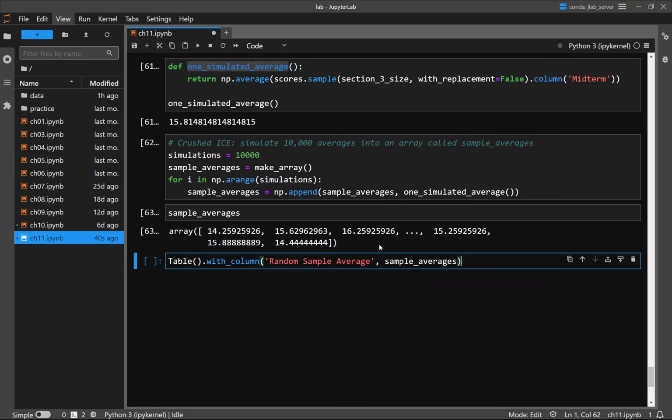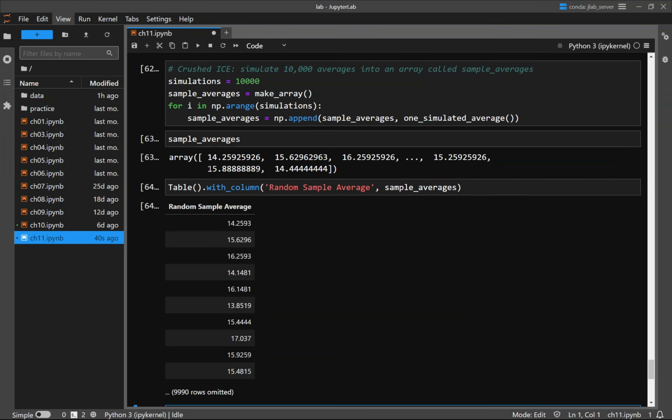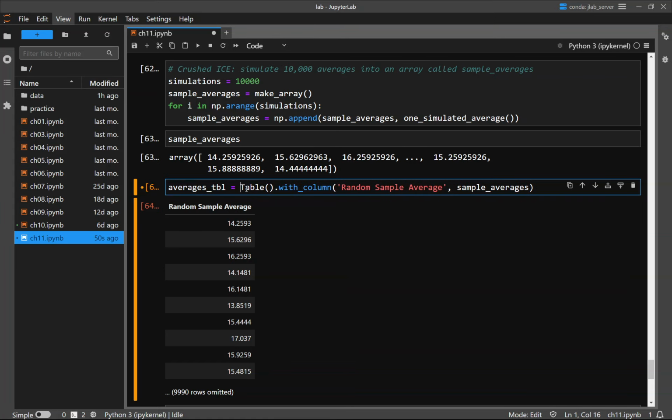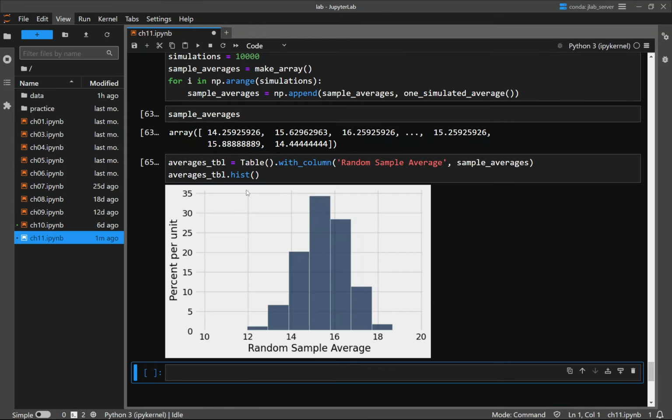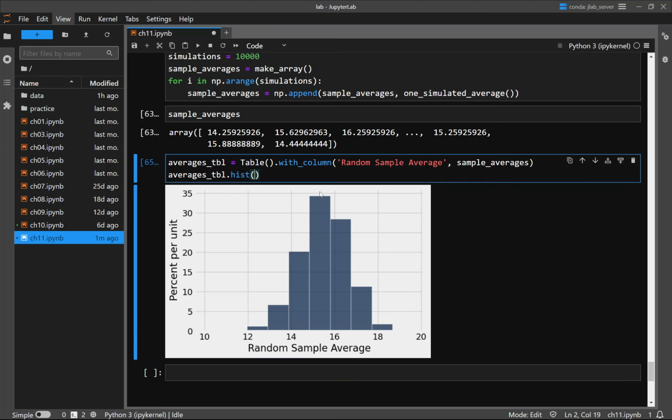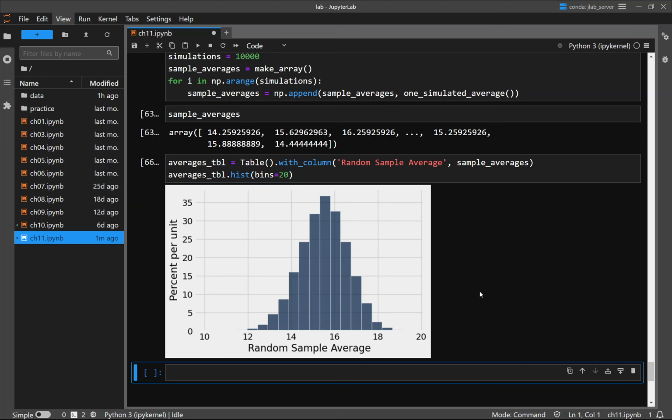Once I have that table, nice. I'll call it averages table for short. And we can make a histogram of averages table. By default it's a little spread out, so maybe we'll give it like 20 bins.